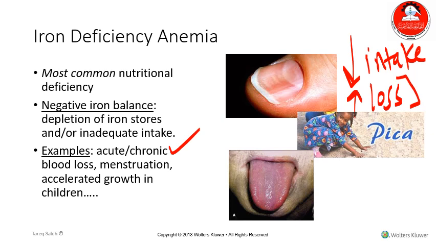Other similar reasons include excessive menstruation or menstrual disorders, states of pregnancy, or periods of accelerated growth in teenagers as they start sprouting. Usually, those children will have an increased requirement of iron that surpasses the daily iron intake in the diet.